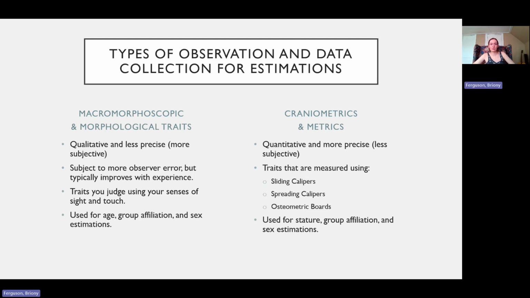Now, there's also the issue that your measuring device is never going to be calibrated perfectly from every single person that you buy one from. So you might buy tools from the same company, but even the same company is not going to be able to ensure that the way their tools are calibrated is 100% even across the board.